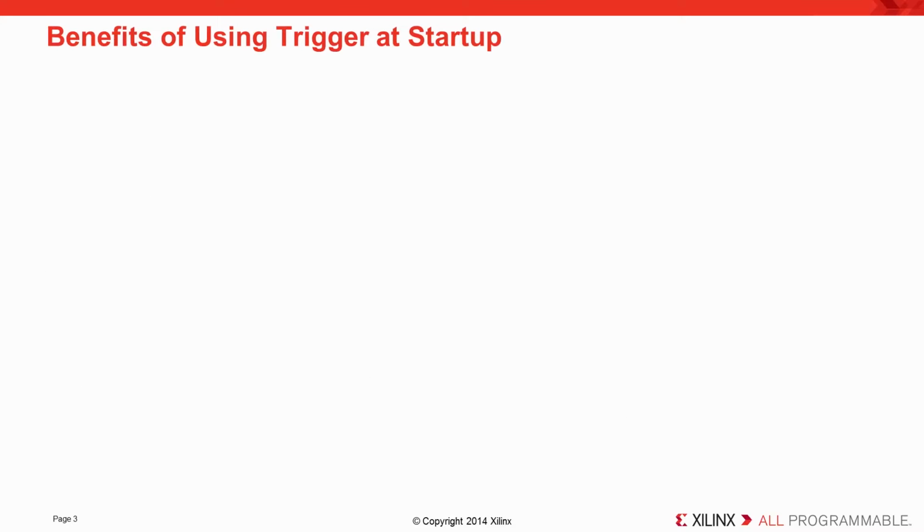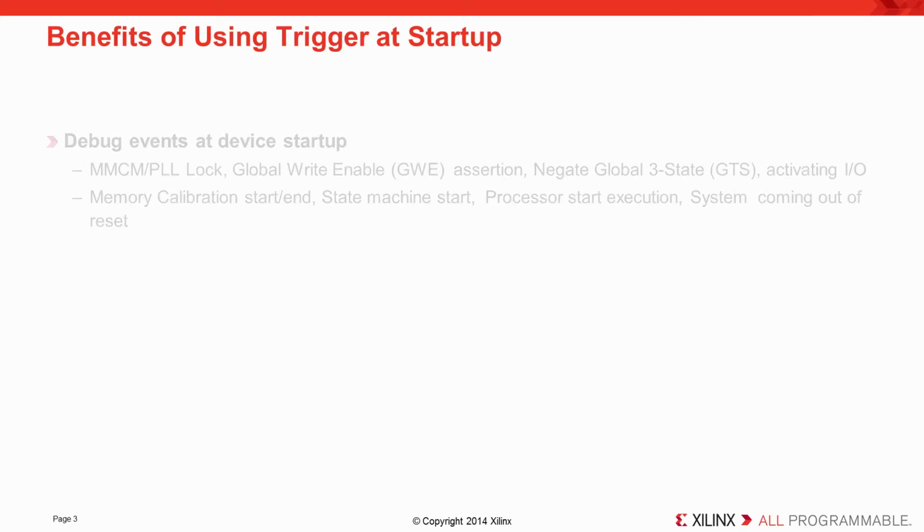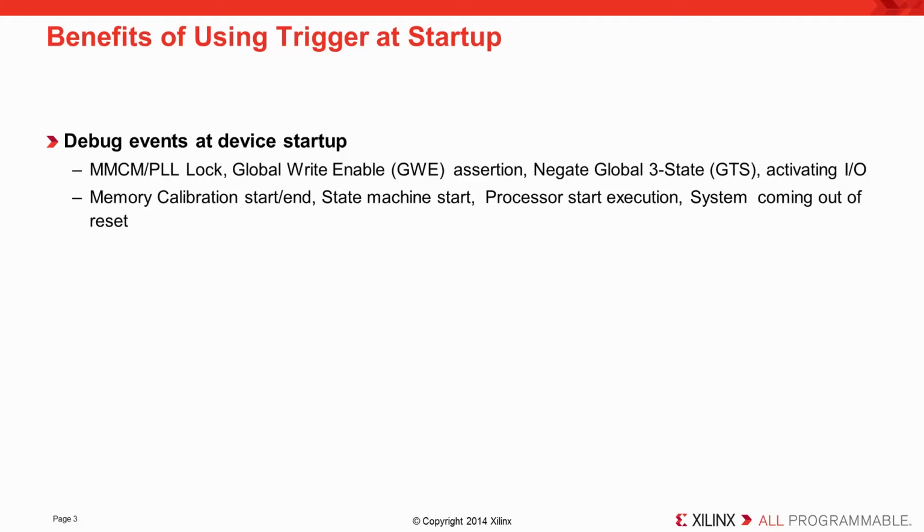Every once in a while, we need to debug events that might occur around device startup. The device startup events could include MMCM PLL lock events, asserting the global write enable event, which allows the RAMs and the flip-flops to change state, and the event that activates the IOs.